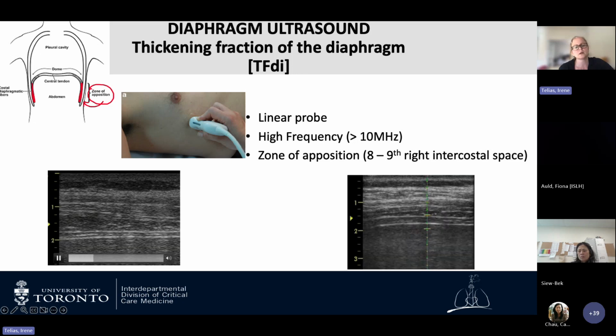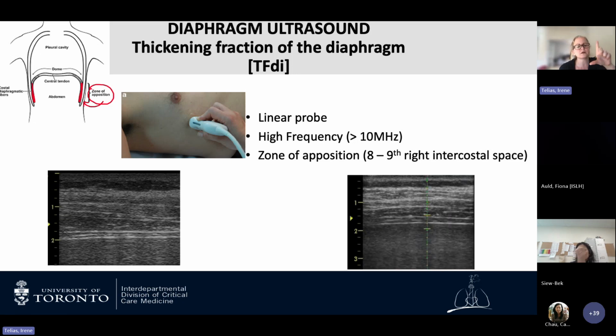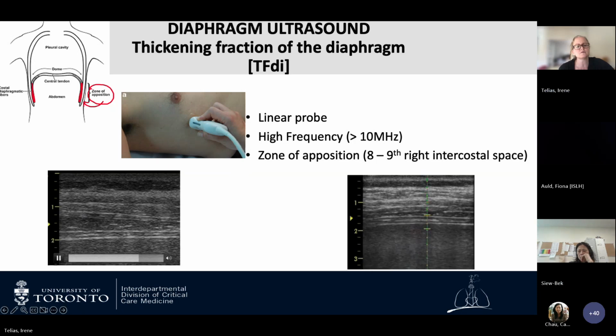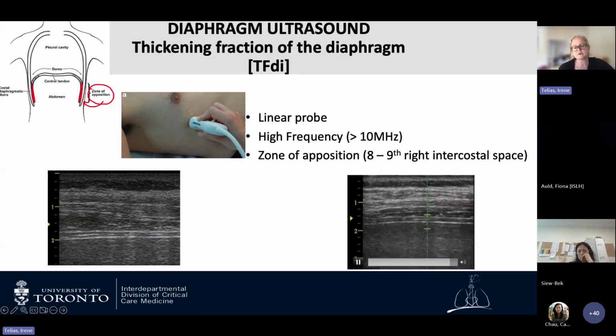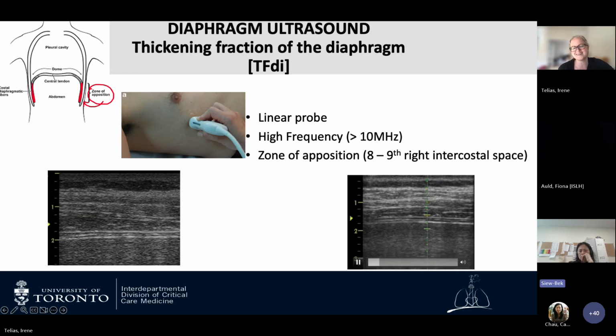So that's the diaphragm. On each inspiration, it thickens. On the left, it's a very small effort, so it's difficult to see it. On the right, we see very strong effort, and we see how it thickens a lot every time the patient breathes. And what we are seeing coming in is the lung into the field.